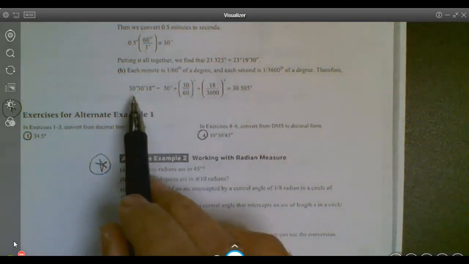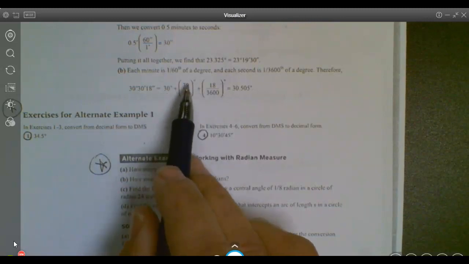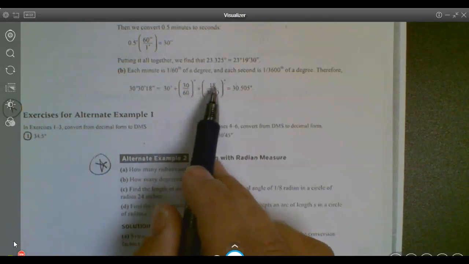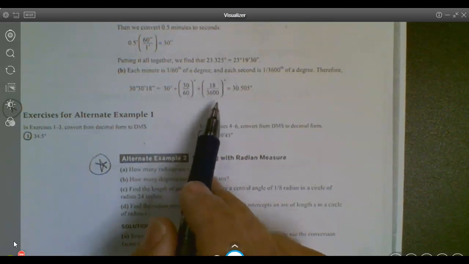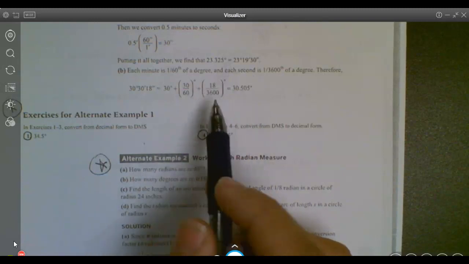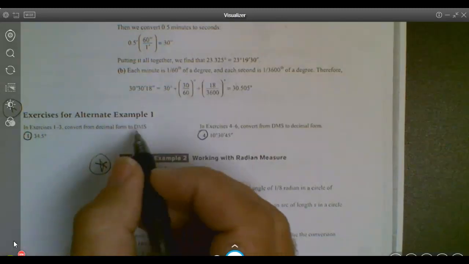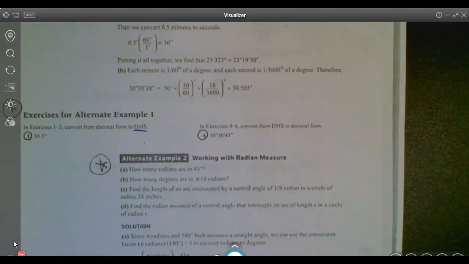So again, we're just going to add up all the parts to this. So you've got your degrees plus your minutes being converted back plus your seconds being converted back. And if we just add all that together, and this would all be a calculator thing, then you would get this. And you may even have this in a feature of your calculator. I've seen calculators that have something like this, and it will convert for you.